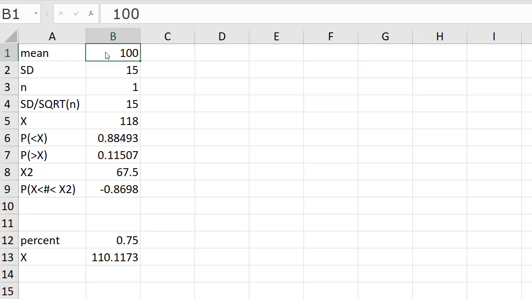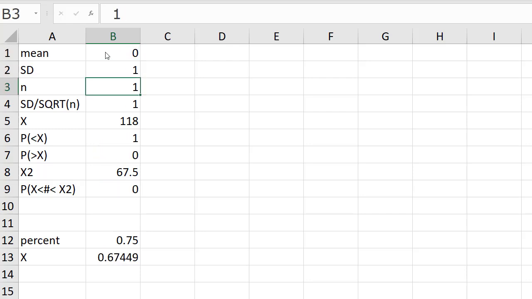Okay, well, the first few things you're just typing in, so there's nothing in these cells as far as formulas are concerned. We're just going to give it a mean and so on and so forth. So for this first example, our mean is 0. Our standard deviation is 1. You can see things are already starting to change. This one here, of course, we need to define as the standard deviation divided by the square root of n.